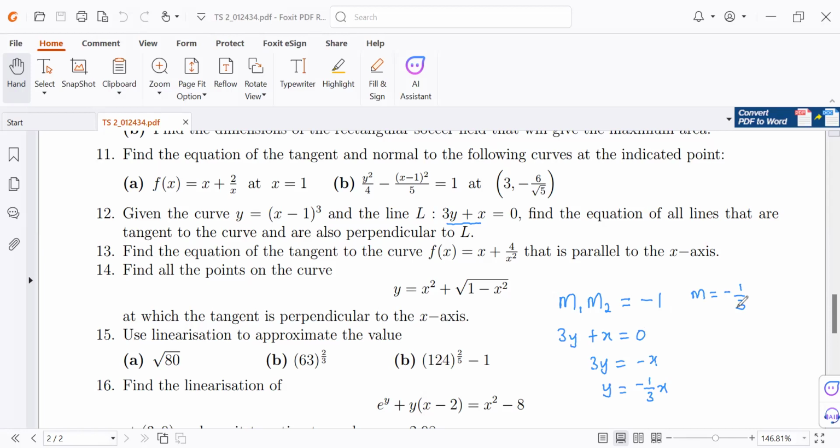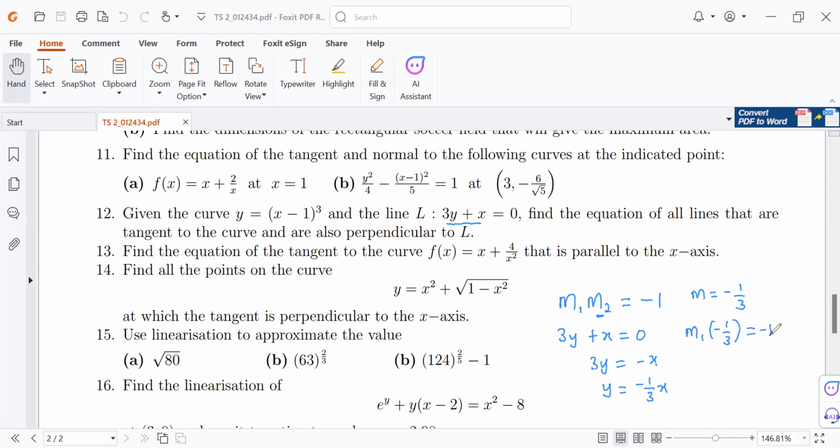Now we want to find the lines that are perpendicular to this line, meaning their gradients should satisfy m1 times -1/3 equal to -1.